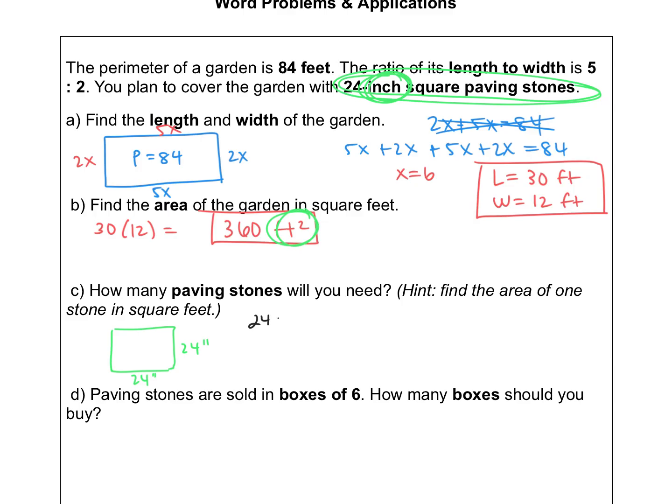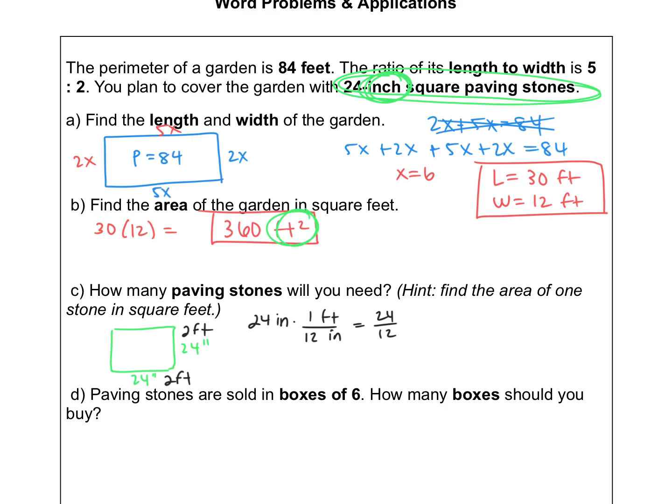If you like to convert the way you do in chemistry, I'm getting rid of inches, I want feet. 1 foot is 12 inches. Does this look familiar from chem? Right, so then you get 24 over 12. So this is really 2 feet, and this is 2 feet.